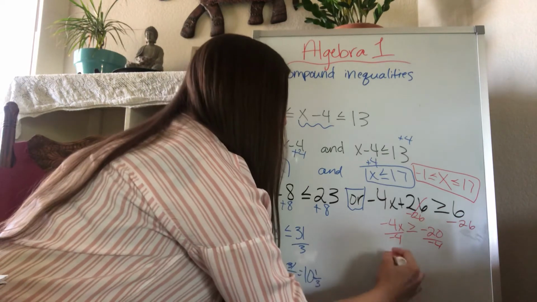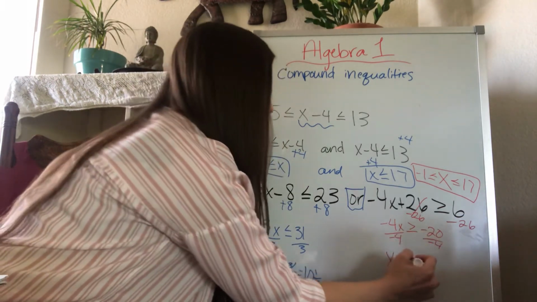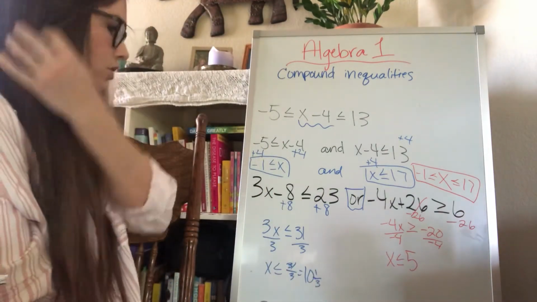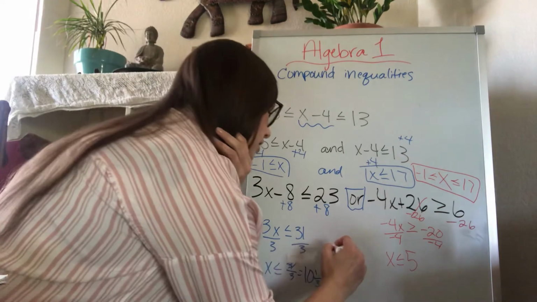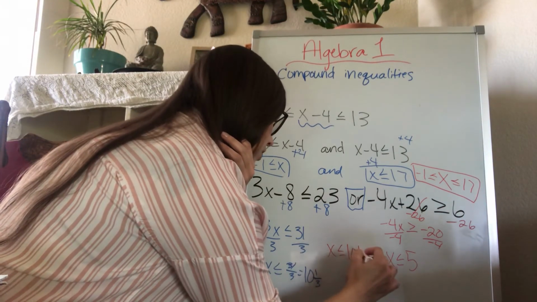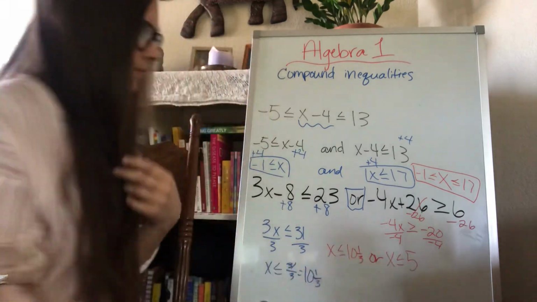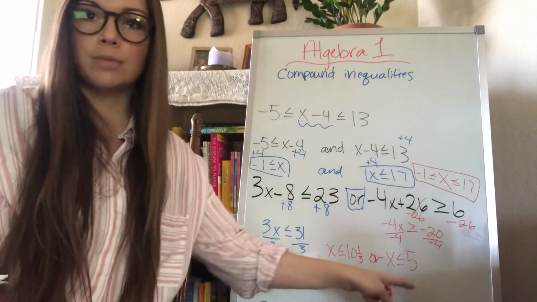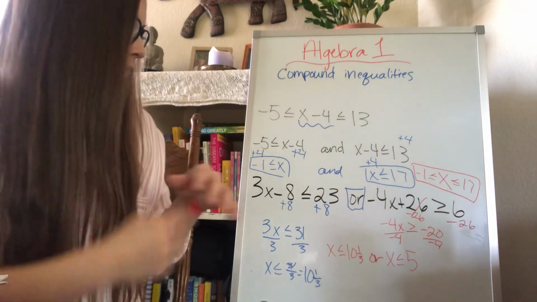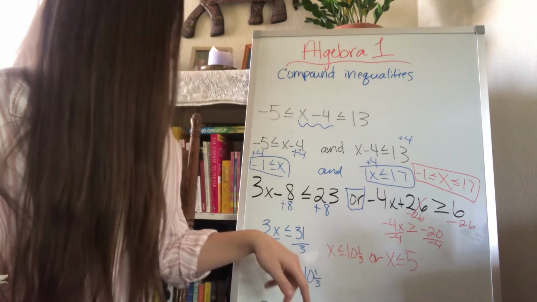So now x is less than or equal to negative 20 divided by negative 4, which is 5. Okay, so your answer for this one will look like this: x is less than or equal to 10 1/3, or x is less than or equal to 5. Okay, because it can't be both at the same time. Well, I guess technically that one could be both at the same time, but you understand what I'm saying.